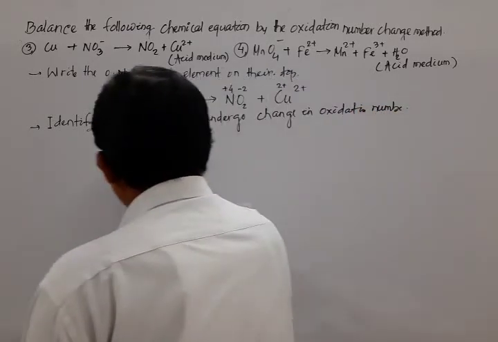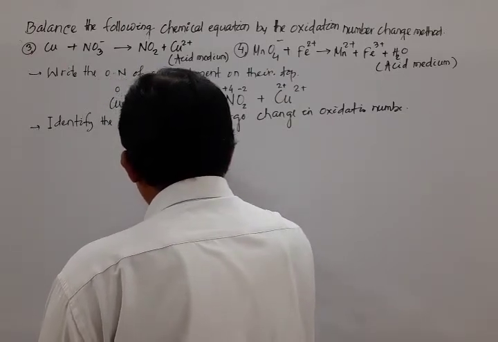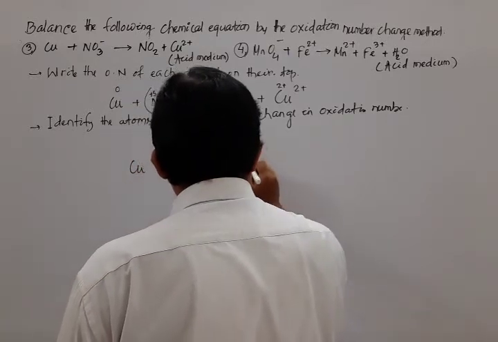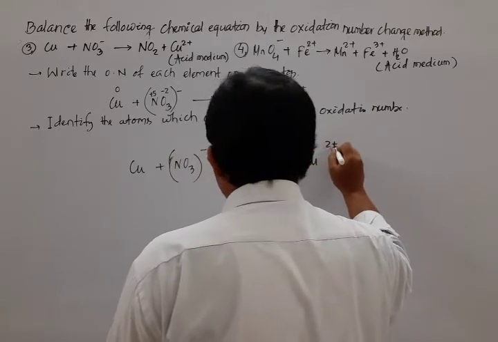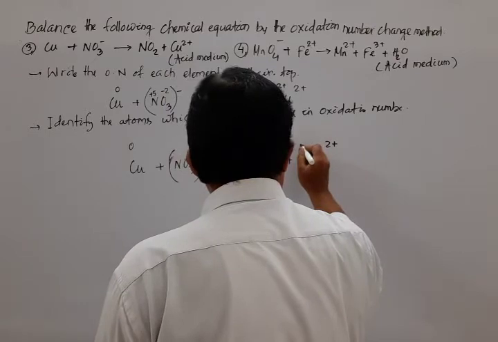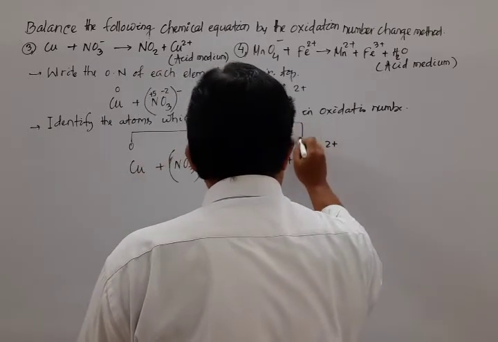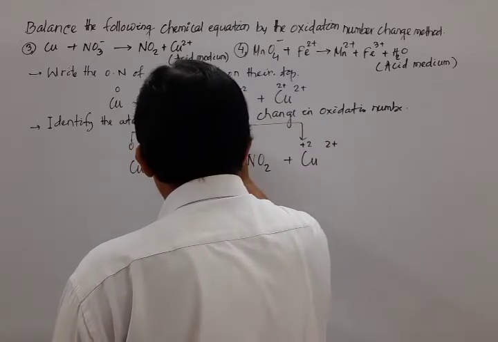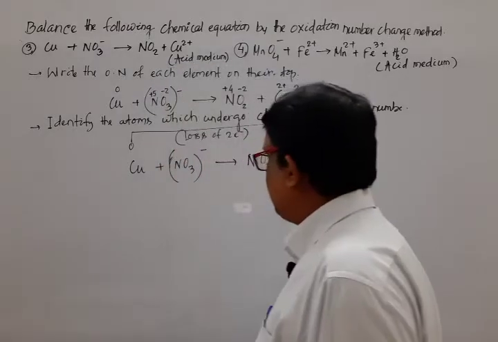So mark that Cu plus NO3 minus give rise to NO2 plus Cu2 plus. Here copper is 0, here it is plus 2. That means loss of 2 electrons. Mark that.